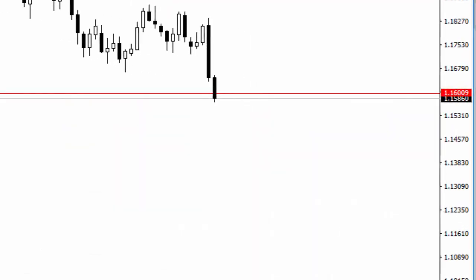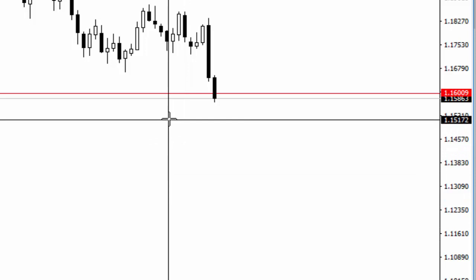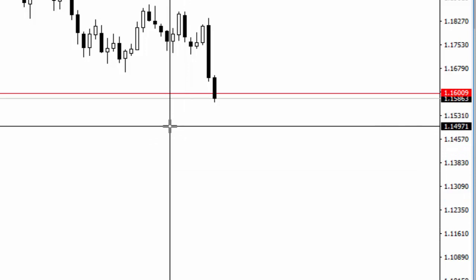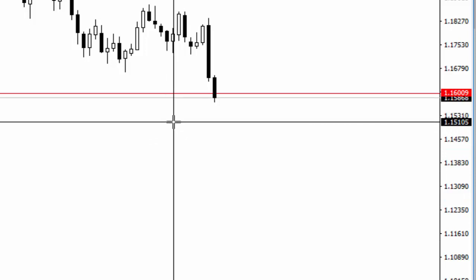That means the market may go down to 1.15 in this area.